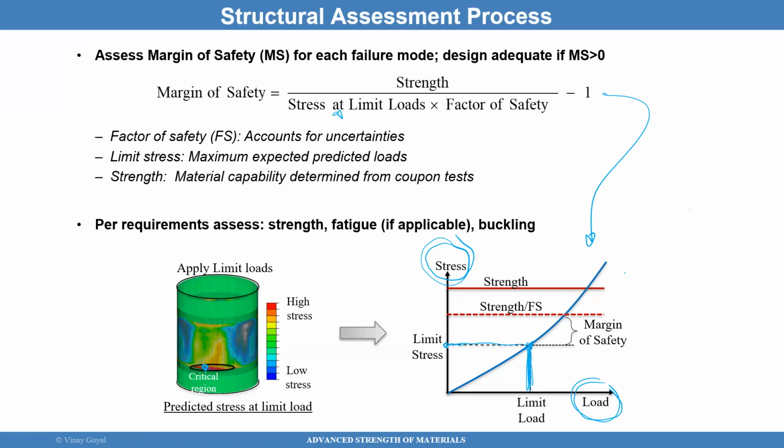Well, the stress produced by that is this much. But you know the strength of the material. If you divide the strength of the material by the factor of safety, it drops it to this. And you want to make sure that this is greater than 0. And if it's not, you have a problem. So I'm showing this one here graphically, so you can get a concept of what a margin of safety is doing.